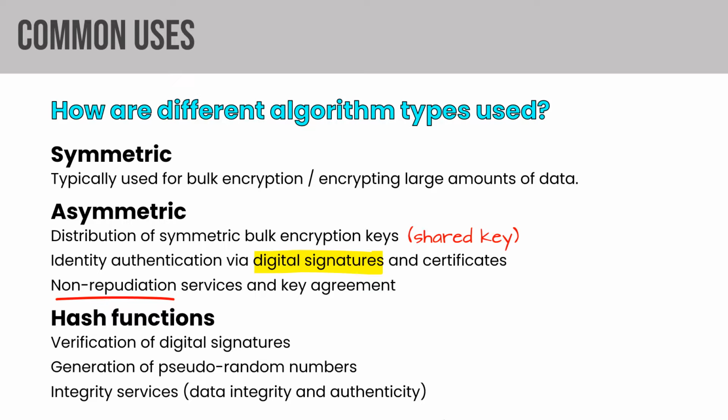For example, in transmitting a file, the sender can create a hash of that file and send that hash along with the file, and the recipient can then go ahead and create a hash of the file they receive, and if the hash matches the hash shared by the sender, they know the data has arrived intact and unaltered.